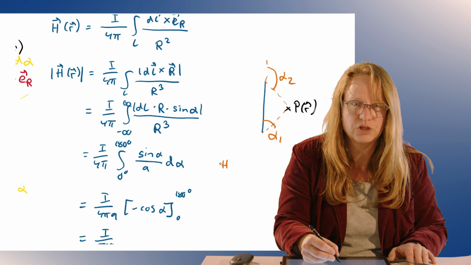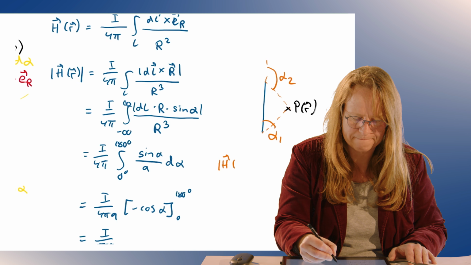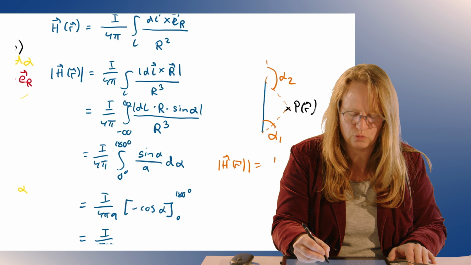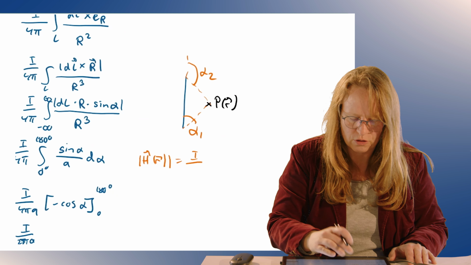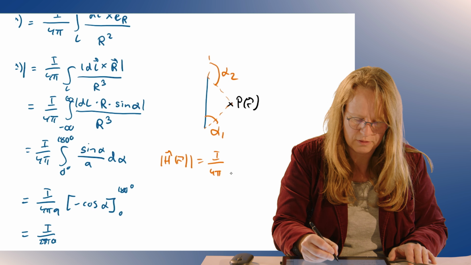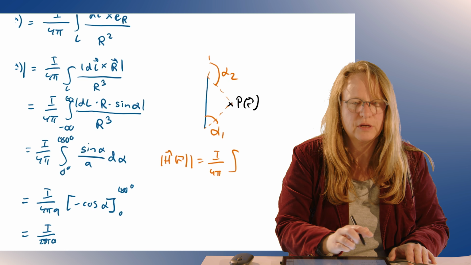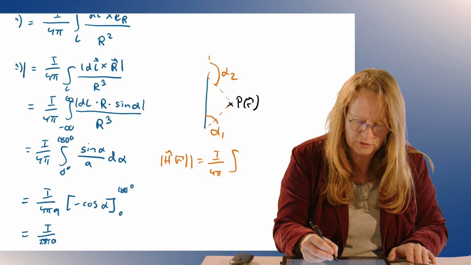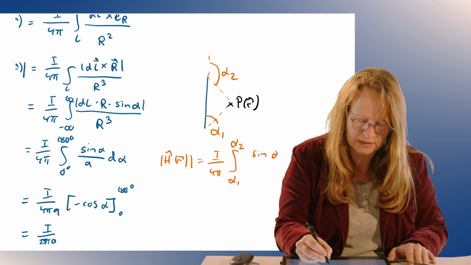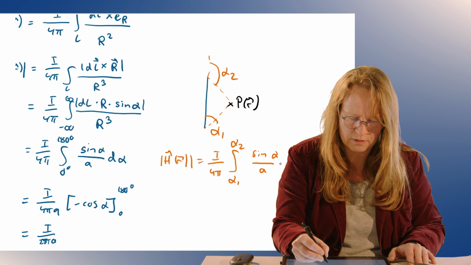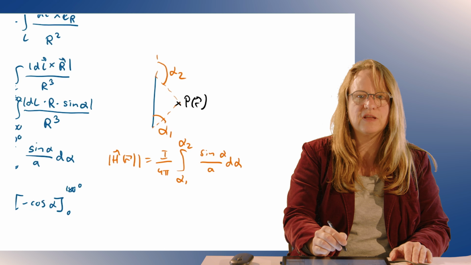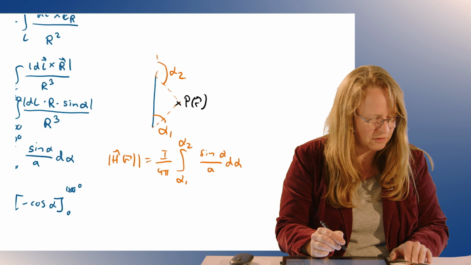So we have h of r, the absolute value of h of r, is then equal to I over 4 pi, integral, instead of from 0 degrees to 180 degrees, from alpha 1 to alpha 2 of sine alpha over a d alpha. So that is the whole change we need to do if we don't have an infinitely long but a finite piece of wire.